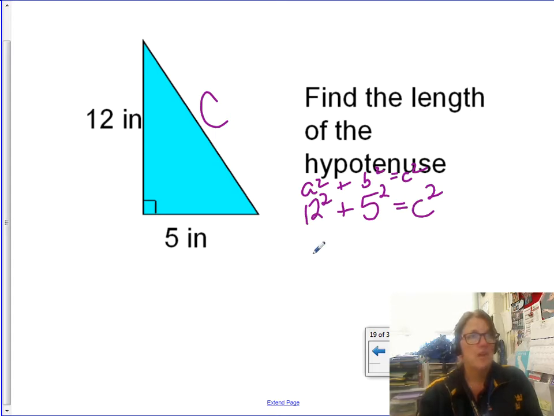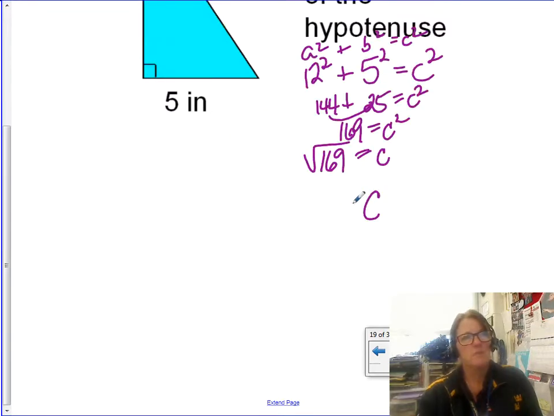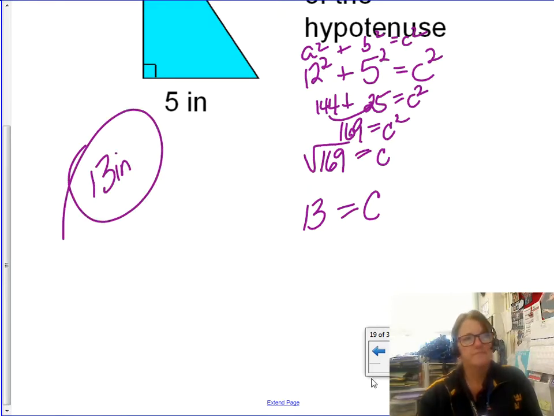Okay, 144 plus 25. That gives me 169. Woohoo! So that means c is the square root of 169, which means c is exactly 13 inches. There you go.